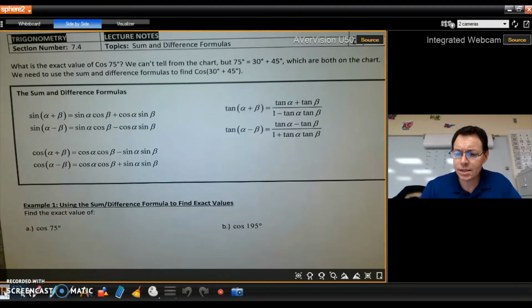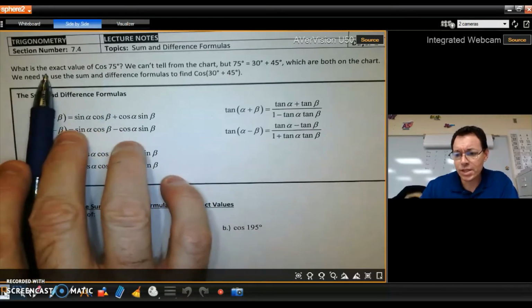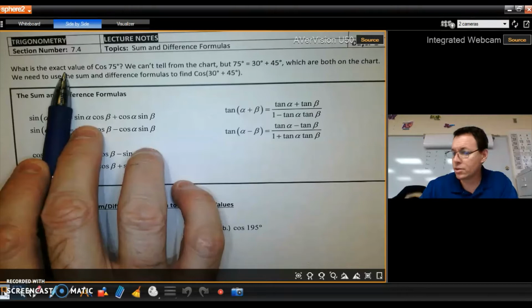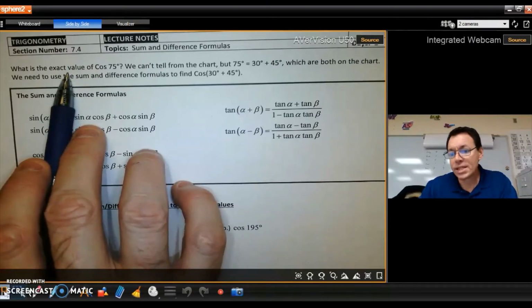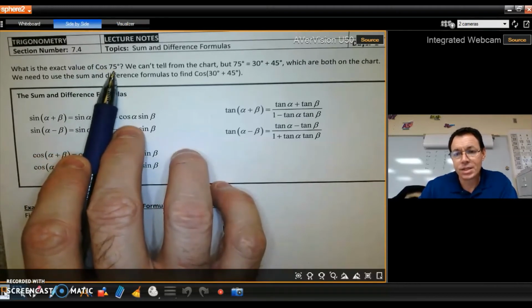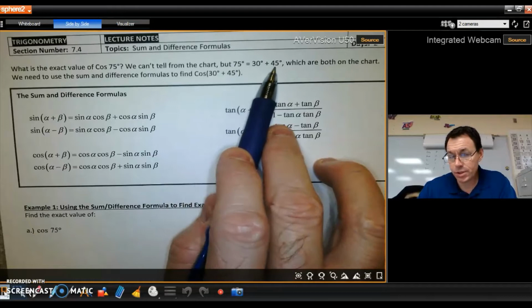But the reason this comes up, if you look at the top here, it says, what is the exact value? Whenever you see exact value, it means do not touch your calculator. There's a different way to find this. What is the exact value of the cosine of 75? Well, 75 is not on our chart. However, 75 is equal to 30 plus 45.